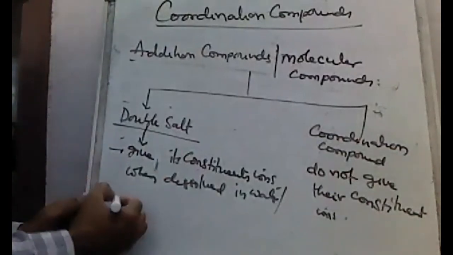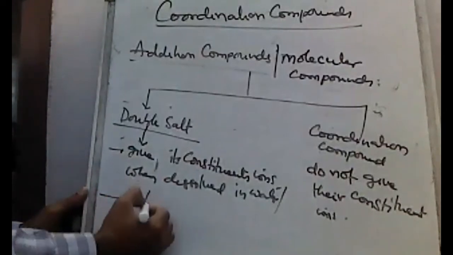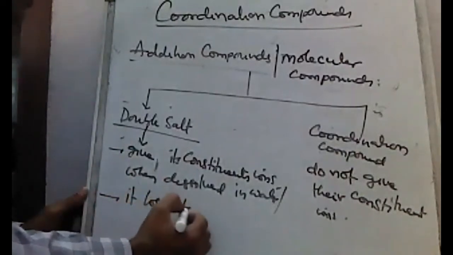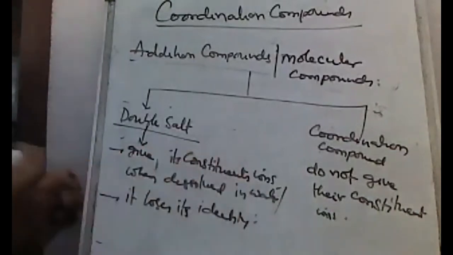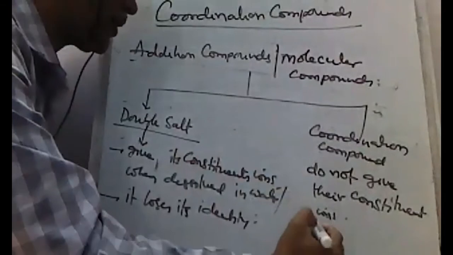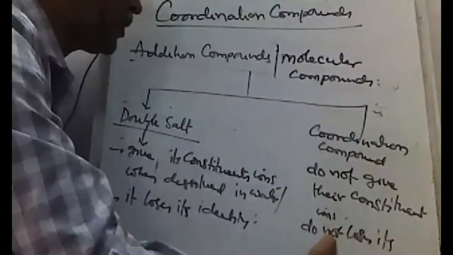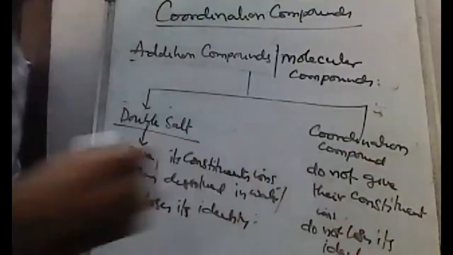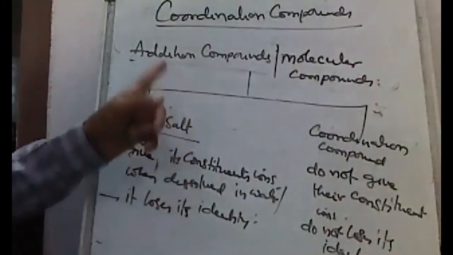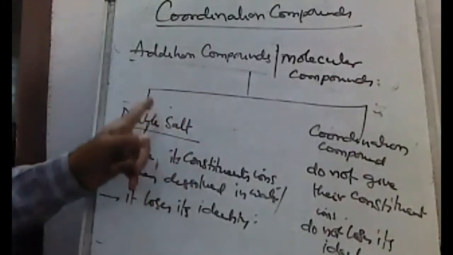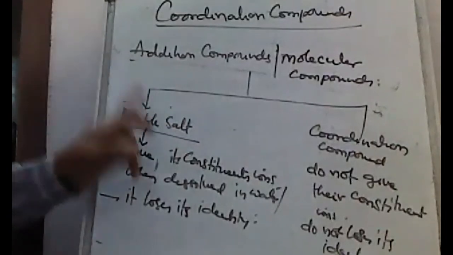You see, very simply, double salt loses its identity when dissolved in water, whereas coordination compound does not lose its identity. Which means in solid form, double salt behaves like a double salt, but in solution form, it behaves like a simple salt.